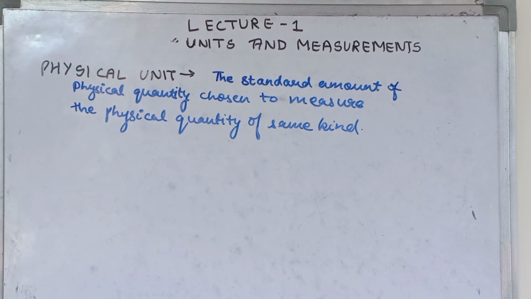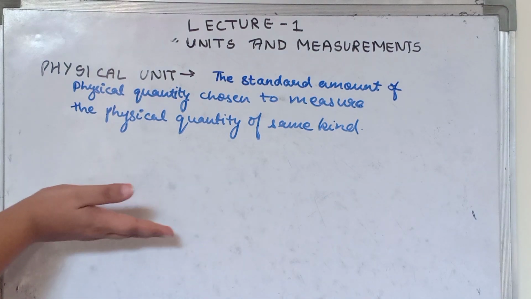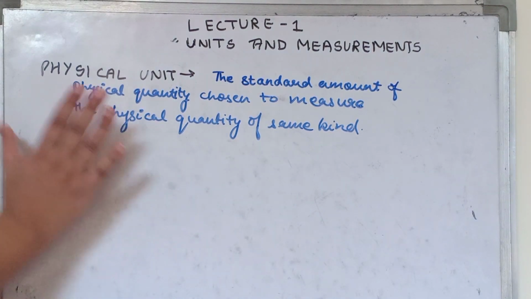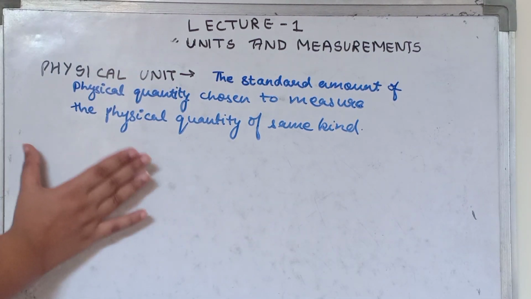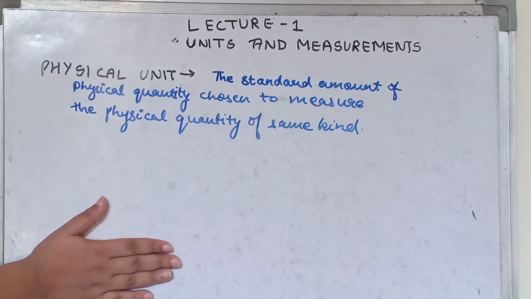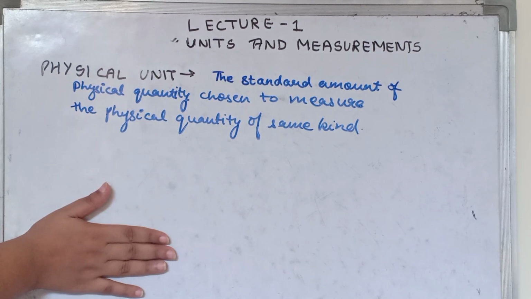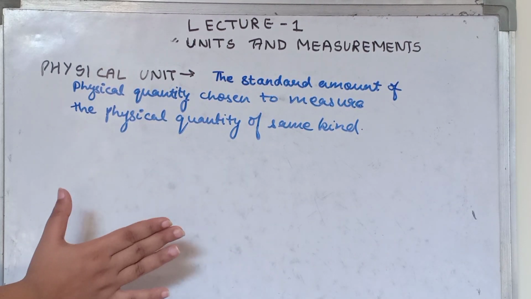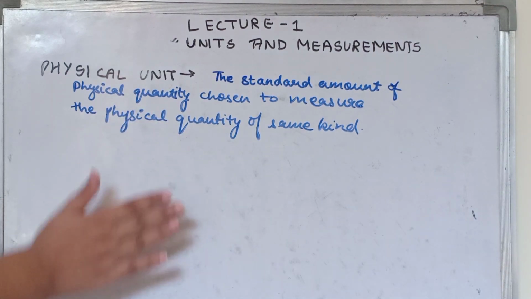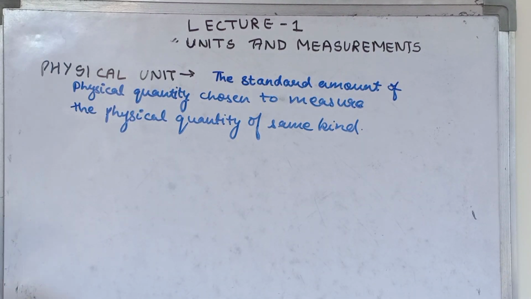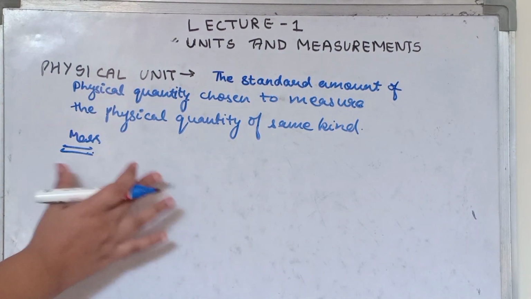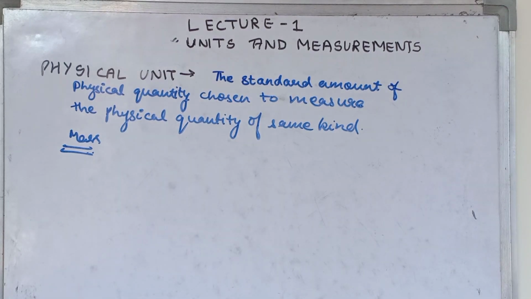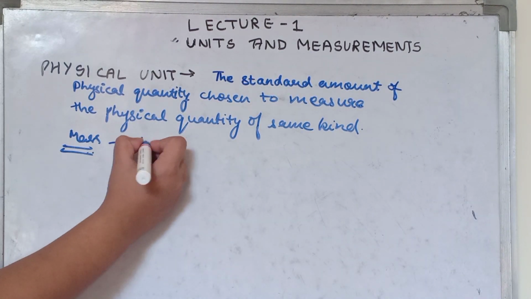Now, basically what does it mean? It means that to measure any quantity we require a reference with the help of which we can define any quantity. So we have 7 fundamental quantities. For all those 7 fundamental quantities we have chosen a standard, with reference to which we can measure all the physical quantities. For example, we know that mass is a fundamental quantity and it has kg as the standard.